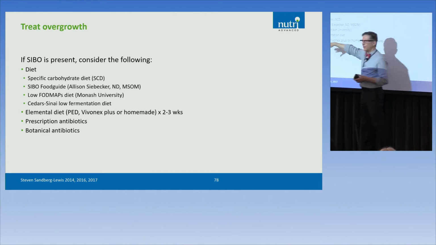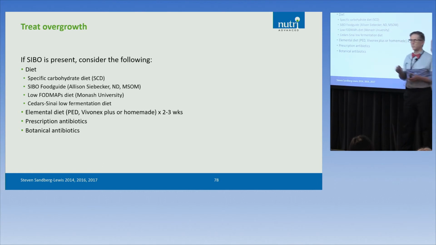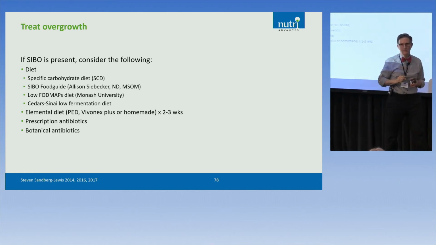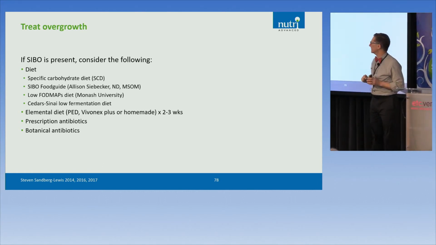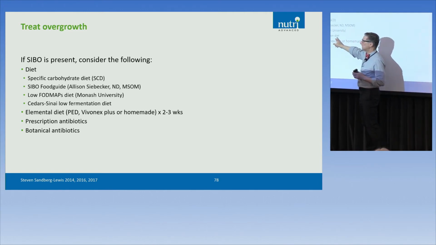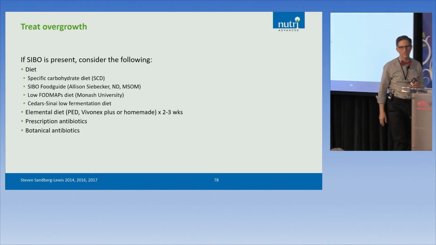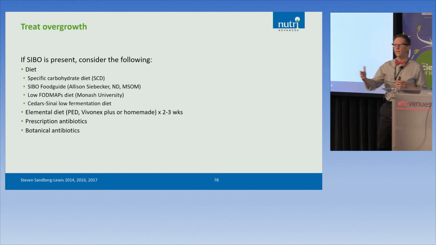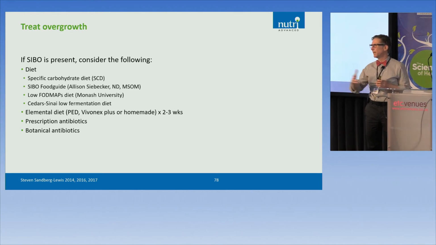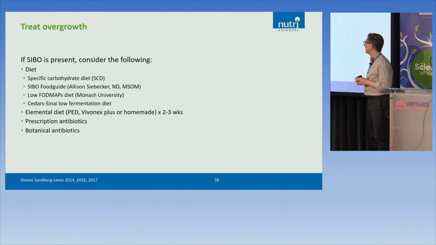So if they are a vegan or a vegetarian, don't use the SIBO food guide. That's not going to work. Use either low FODMAPs, Cedars-Sinai, or the biphasic diet. I've been in practice 41 years. I've made every mistake you can make. I'm telling you from experience.